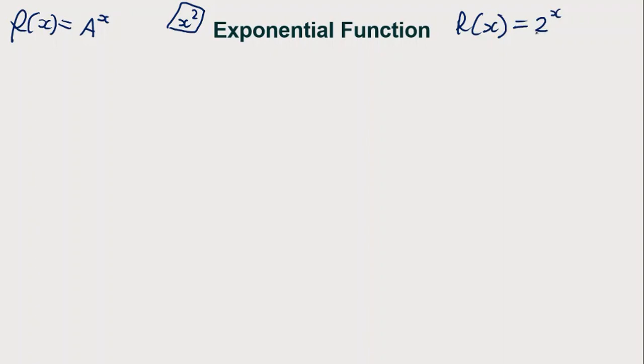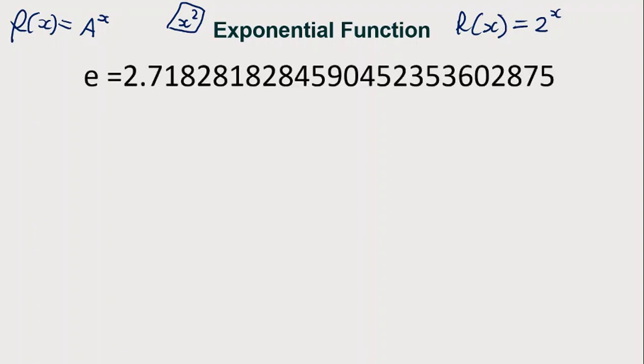But it is quite curious that natural growth is described by this particular constant e. So you end up with f of x equal to e to the power of x, the actual exponential function known today.